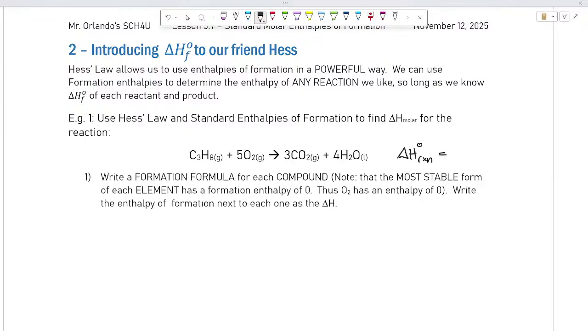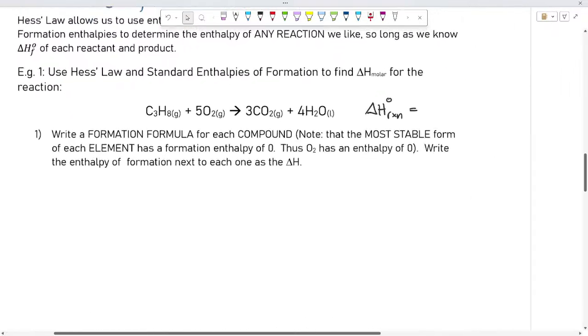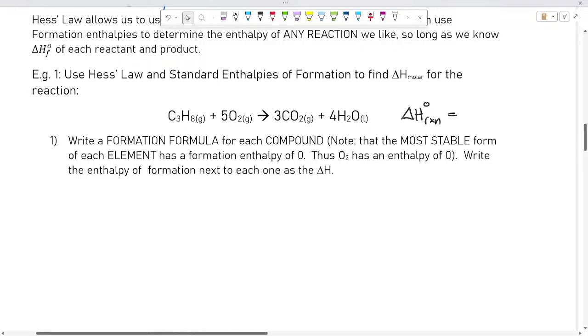Well, here's a thing I could do. I could write a formation enthalpy for each of these reactions. For example, C3H8 is one of the things I need here, right? Well, how would we make C3H8?